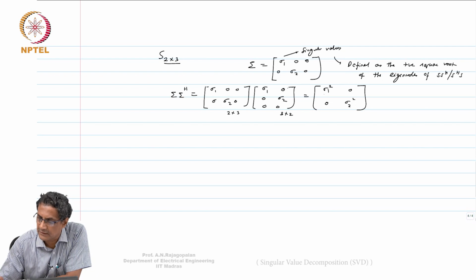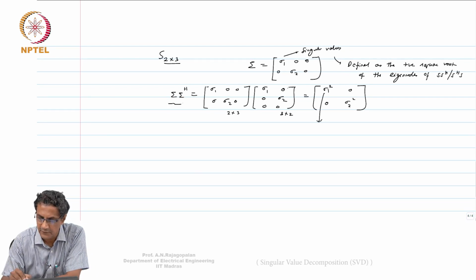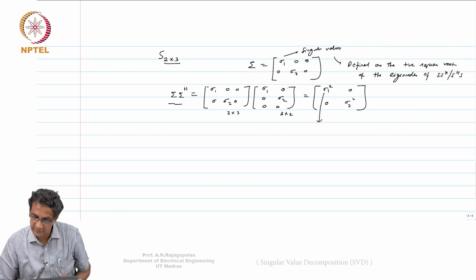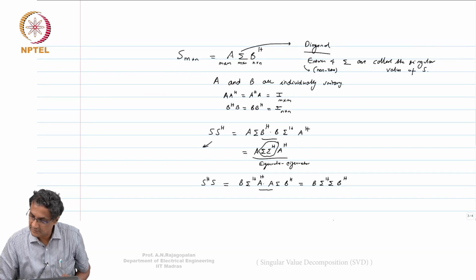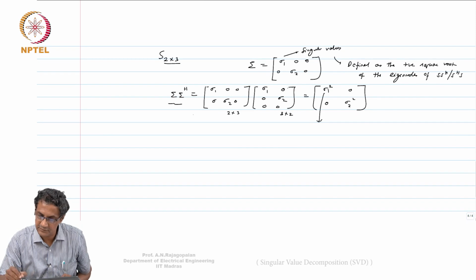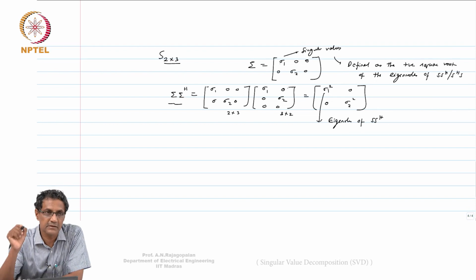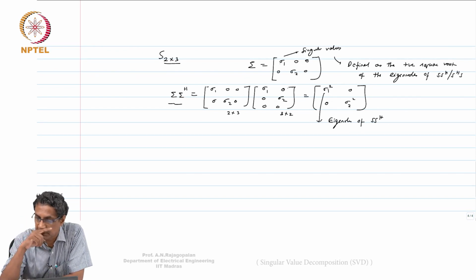So as you can see, clearly these are the eigenvalues of SS Hermitian. And the positive square root of these eigenvalues is sitting here as a singular value, which is sigma 1 and sigma 2.